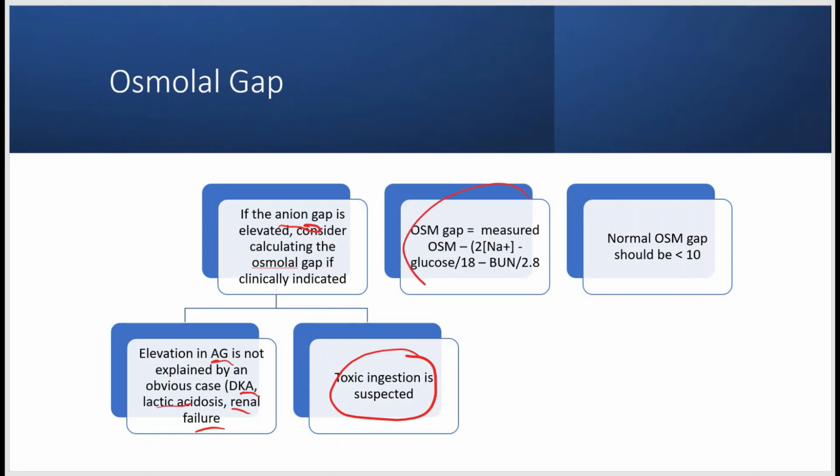Here's the formula for the osmolar gap: 2 times sodium plus glucose divided by 18 plus BUN divided by 2.8, and that is subtracted from the measured osmolality taken from the blood. The normal osmolar gap should be less than 10.